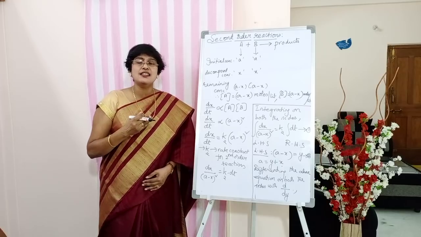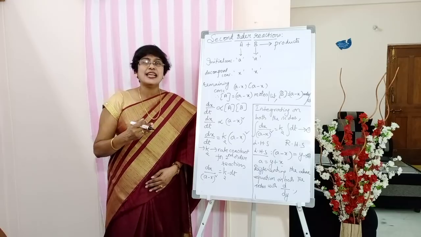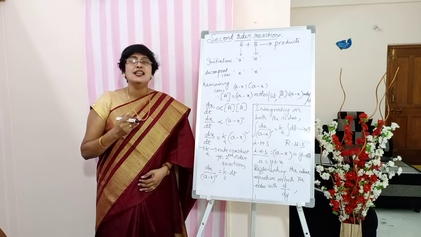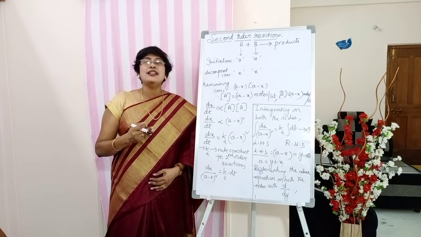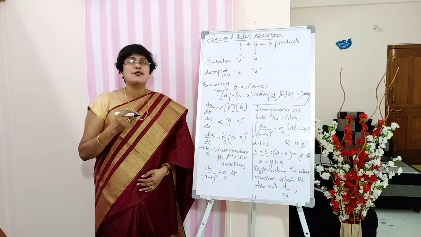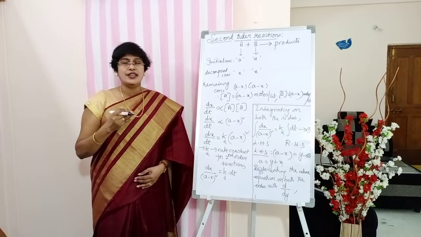Put the side heading definition and kindly write down the definition of second order reactions. The reactions in which the rate of reaction depends on two concentration terms of the reactants are called second order reactions.